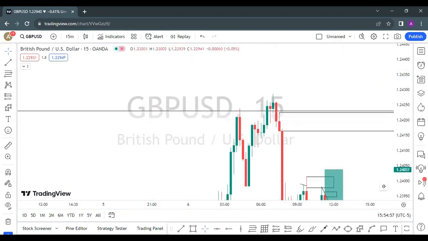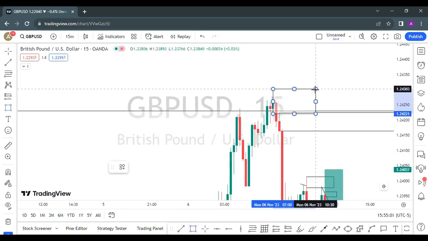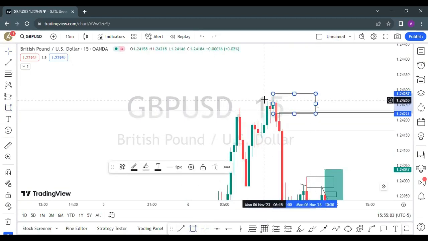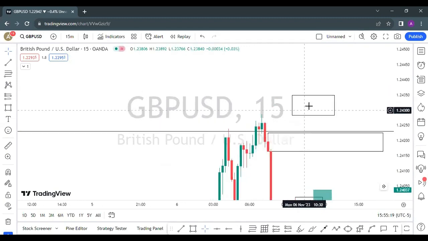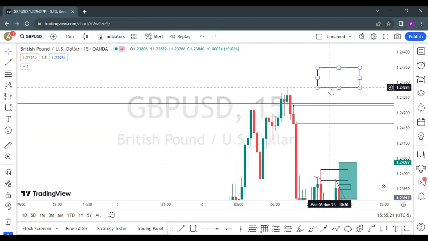I chose this guy because he took the high of the range candle, to which this was an internal candle, but the body is below the high of this red candle. The body of this green candle is below the high of this red candle. So, is it clear now?